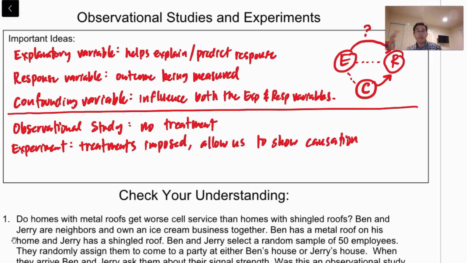Okay. So for better or worse, the only type of study that can show whether one variable causes changes in the other is an experiment. Okay. An observational study cannot show causation. Okay. It can show association, right, which is not as strong of a relationship as causation.